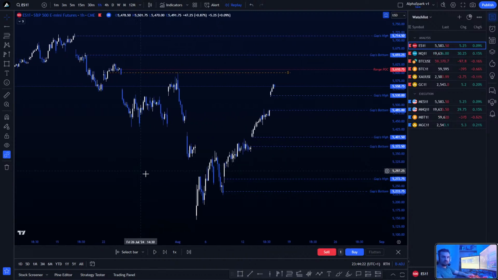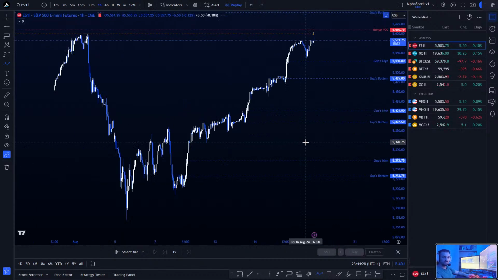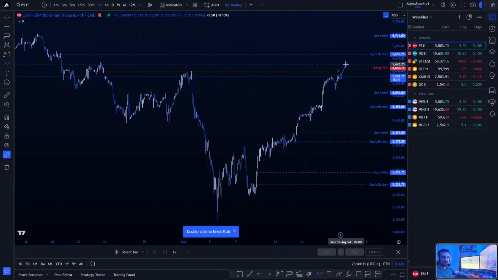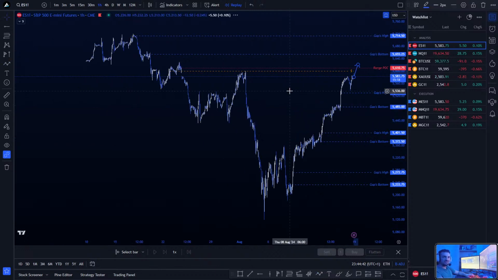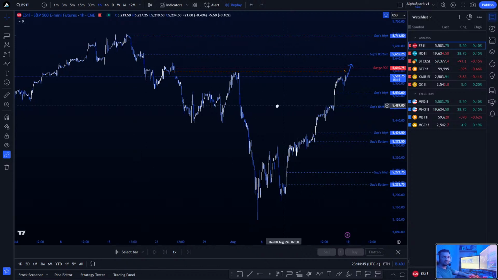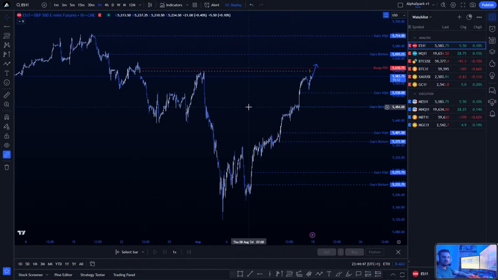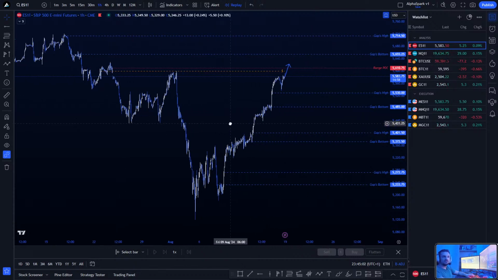So one possibility for the ES is, like I said, take out this high, fill this gap, or maybe this one, because this seems like a stronger support. Actually, to be honest, I would just like to see that gap completely filled, and only then. Because the thing is, if we go up that much, why not just continue for an all-time high? It would be weird to not continue and do an all-time high.